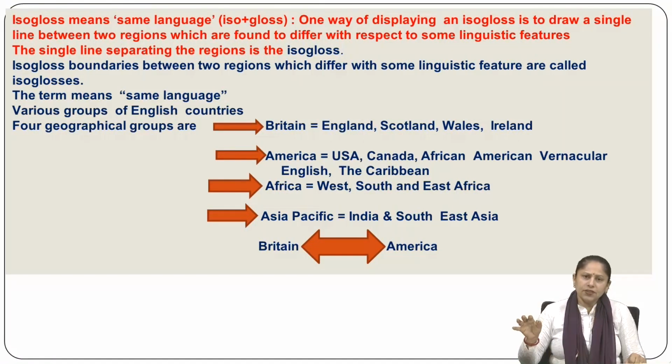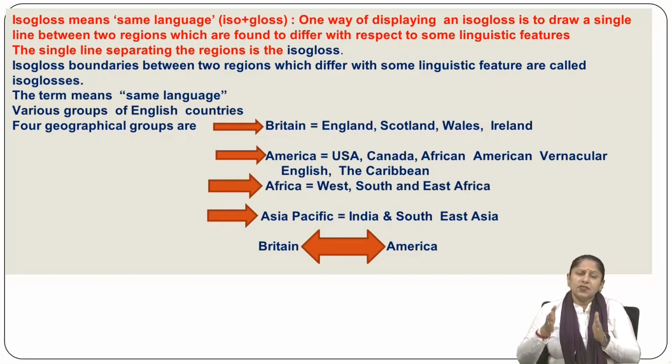All these four regions are utilizing a similar kind of English, that is British English. Again, America, that is USA, Canada, African American Vernacular English, as well as the Caribbean countries. All these come under the same category, that means same language, so their isogloss is similar.